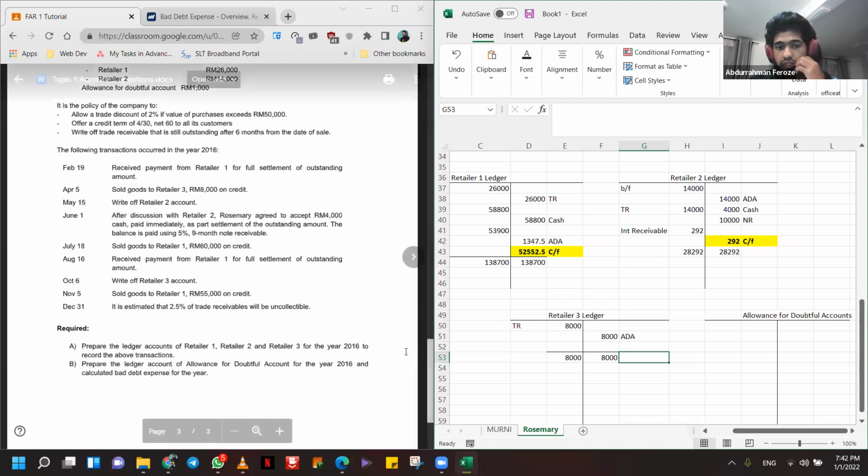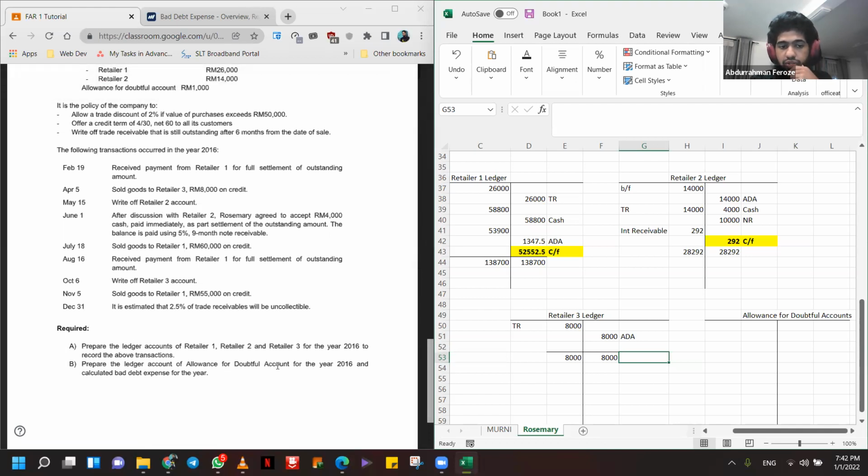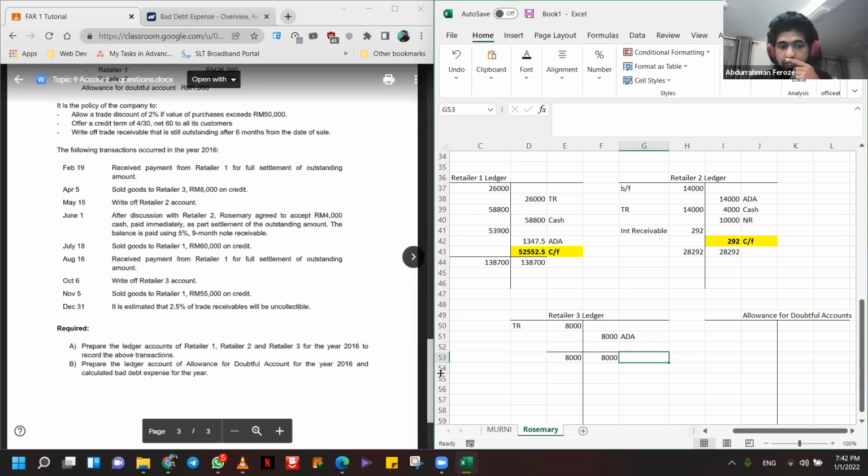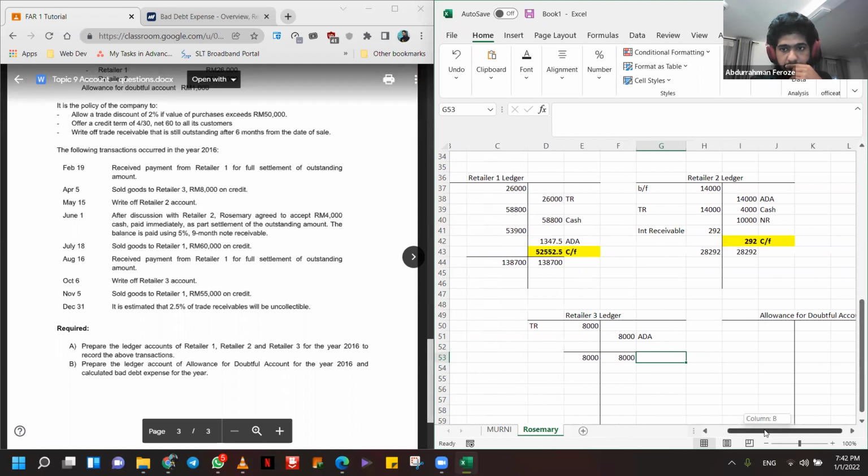and retailer 3. Okay. Then they say prepare the ledger account for allowance of doubtful accounts for the year 2016 and calculate bad debt expense for the year. Okay. All right.